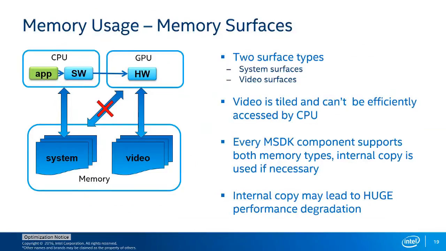Also wanted to point out that one of the big secrets to high performance for HEVC and all the other codecs is to use the right memory type. Since the usual reason for using Media SDK is hardware acceleration, this means you want video memory. Every Media SDK component does accept both types, and it isn't necessarily wrong to use system memory.